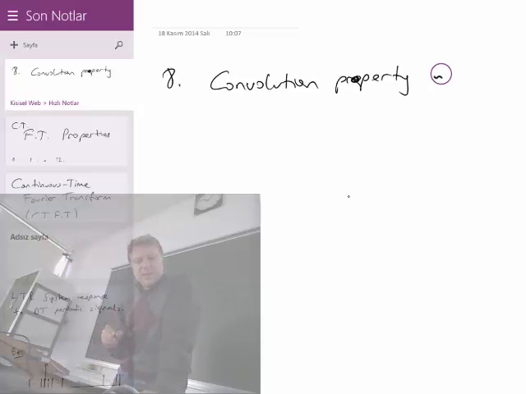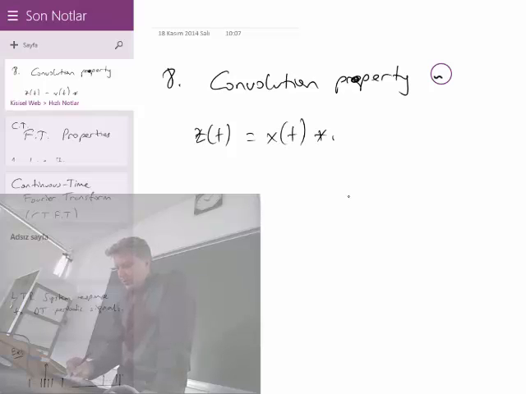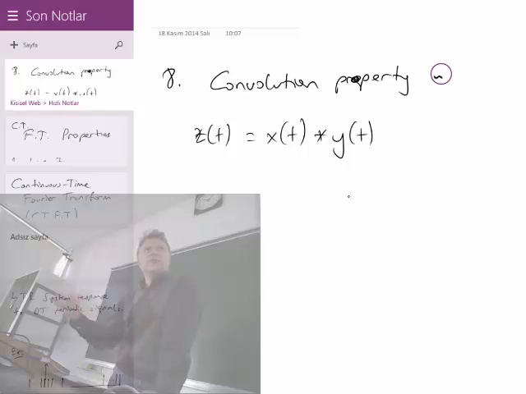What we really say is the following. If you have z of t equal to x of t convolved with y of t, and we usually perform convolution in linear systems, right? The system response is h of t, the impulse response, and we convolve our input x of t with h of t to produce y of t.